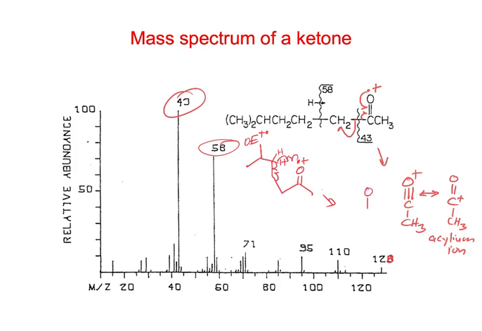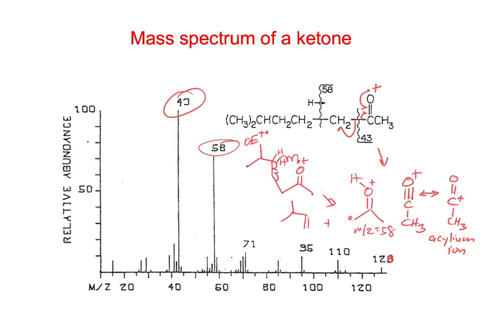And we end up with this plus this. This is M over Z equals 58. Right, so it's an odd electron ion because we transferred the hydrogen over there, and because it has a radical and a cation on it.